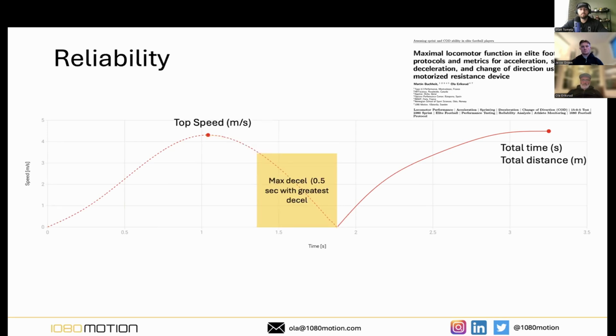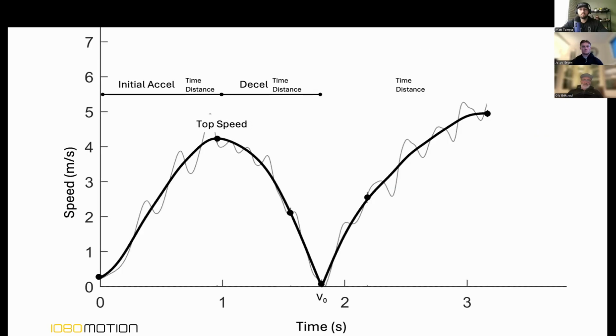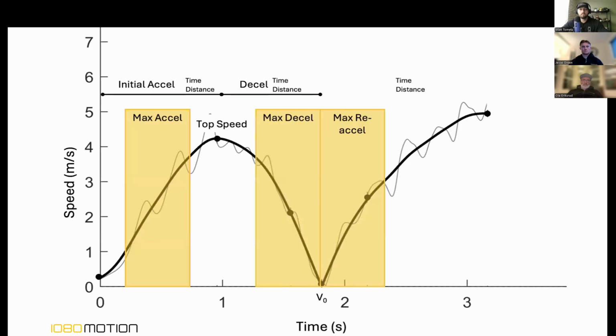And then if we're using the same principle as I used for acceleration, let's use the same principle for deceleration, half a second with the greatest average deceleration. And then we looked at all these variables and we looked at which ones were the best and were the most reliable. And we came back with actually I'm just gonna put them up here.